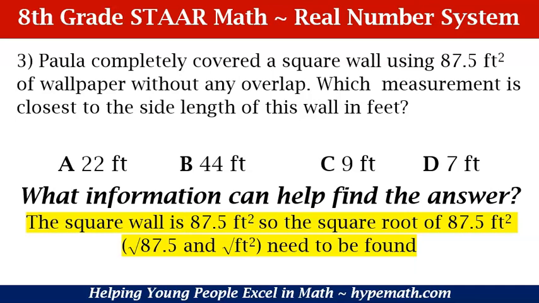The square wall is 87.5 square feet, so we need to look for the square root of 87.5, because if you notice, the question asks which measurement is closest to the side length of this wall in feet. Well, 87.5 is in square feet, but we're only looking for feet, which means we need to find the square root of the number and also the measurement.